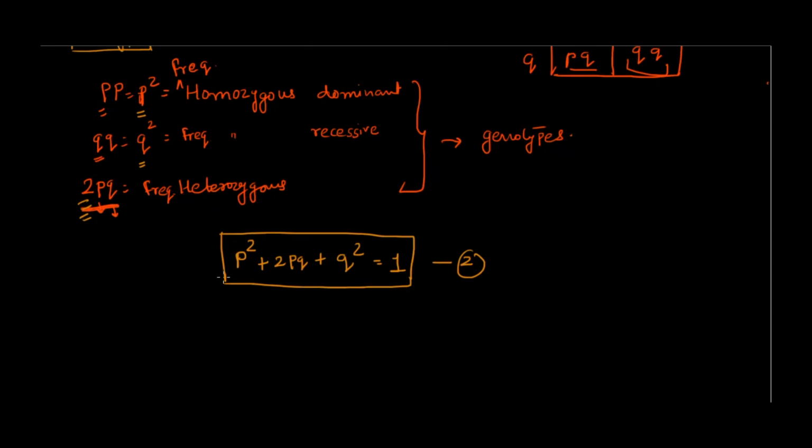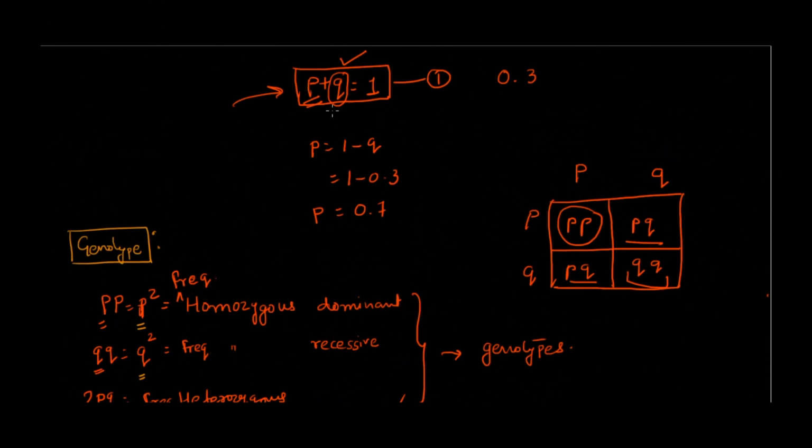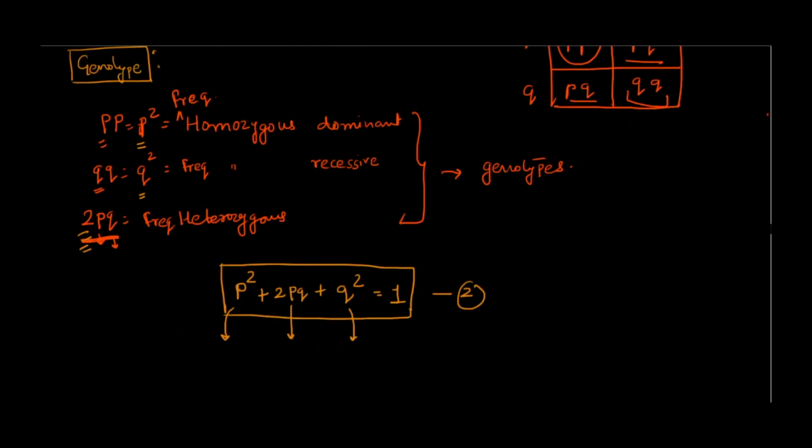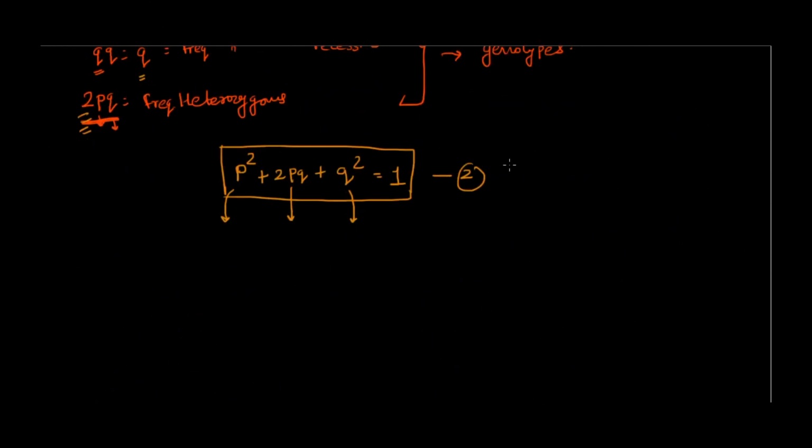Where P square is the frequency of homozygous dominant, Q square gives me the frequency of homozygous recessive, and 2PQ gives me the frequency of heterozygous. Alright, so once I know my P and Q, the frequency of alleles, I can put these values of P and Q in this equation and find out the frequency of genotype, right?